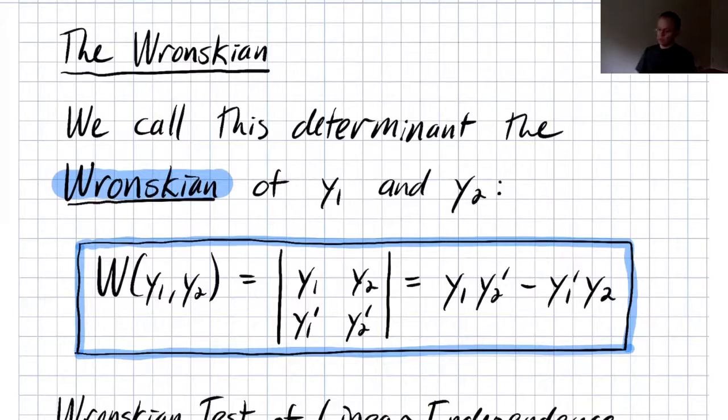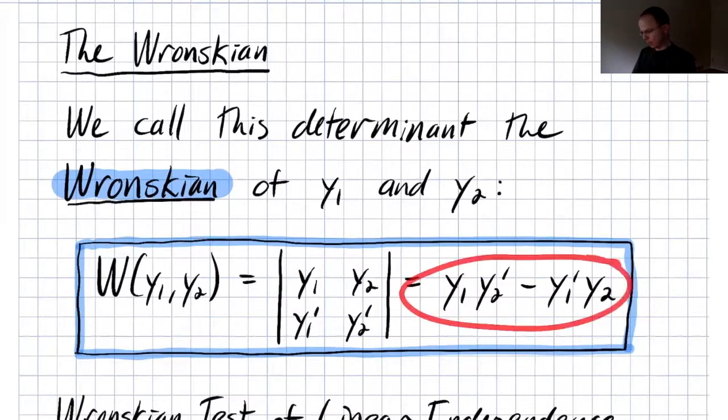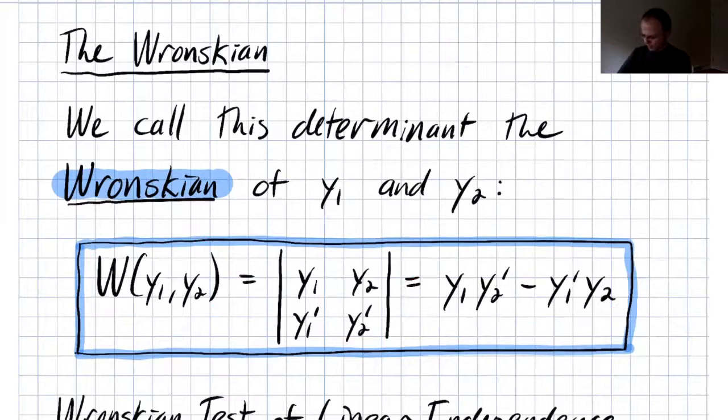So the determinant of this matrix, y1, y2, y1 prime, y2 prime, that determinant is known as the Wronskian. So this is the Wronskian. We use W to represent this determinant, W of y1, y2. And that's the formula there. But it's always good to just remember it as the determinant. It's much easier to remember than trying to remember this.